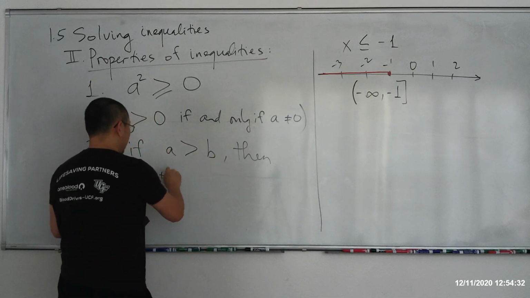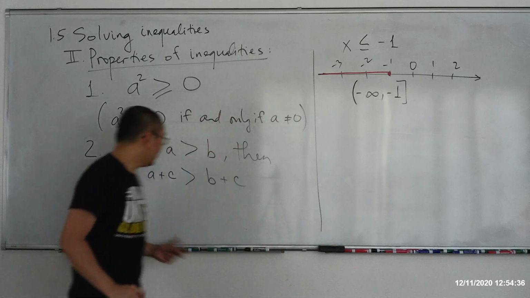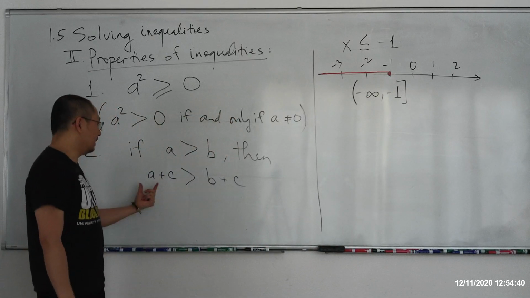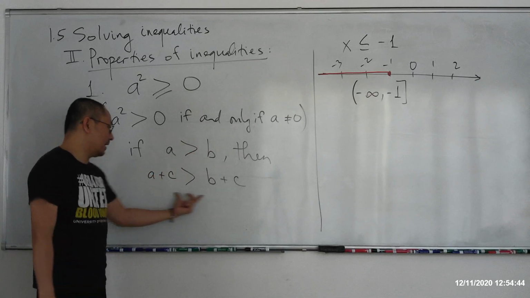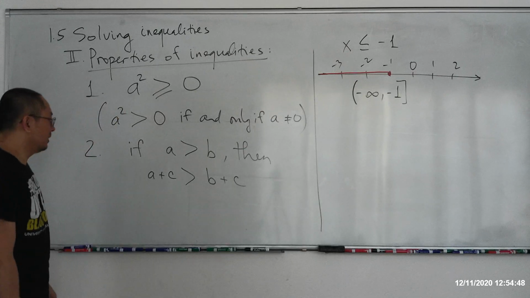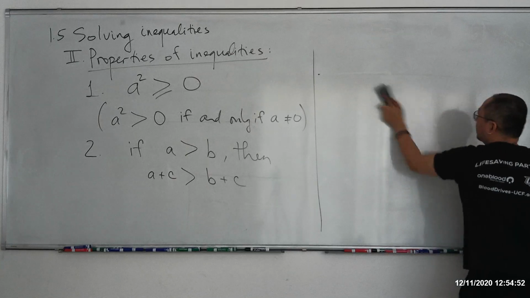C. It's bigger than B plus C. So see what we're doing in here? We're adding the same amount C on both sides. And we already have A is greater than B. Then you add C on both sides, and the sum on the left-hand side is bigger than the sum on the right-hand side. Okay? It looks trivial, but it's actually very helpful.